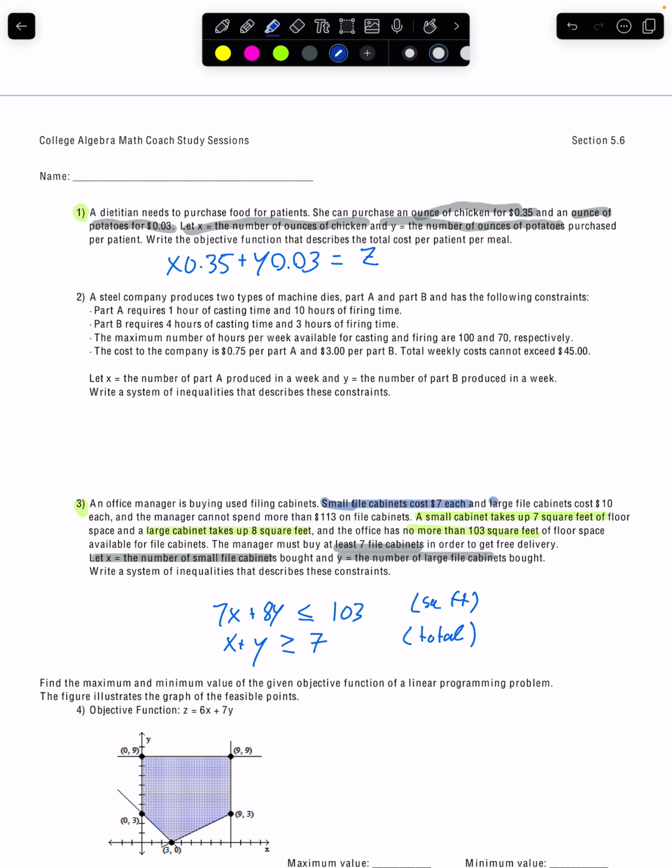Small ones are $7, large ones are $10, and we have no more than $113 to spend. So we'll have 7x plus 10y less than or equal to 113, which should be the cost. And that's how you set up that system of inequalities. That's it.